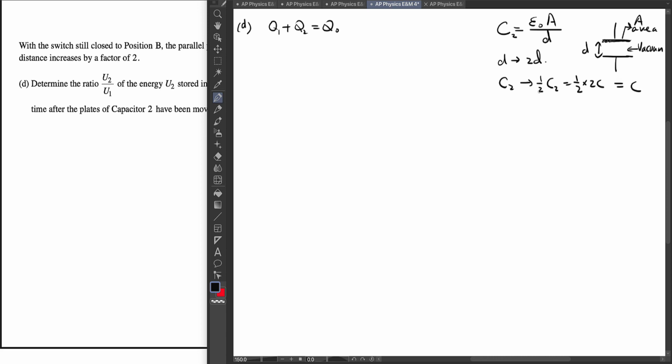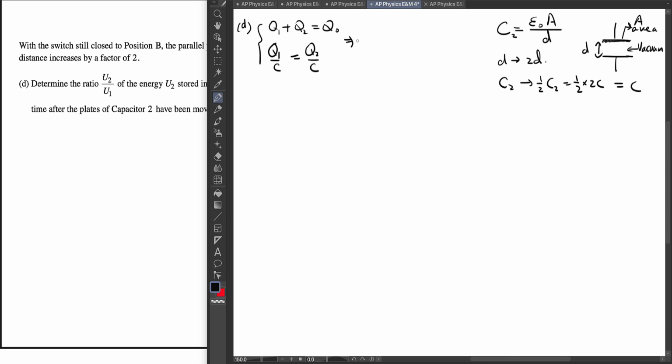So that means that C2 now is the same as C1, meaning we should write down Q1 over C equals Q2 over C. Okay, so the potential difference across the two capacitors should be the same. That is the same as before, but now the capacitance of 2 becomes C, the same as C1.